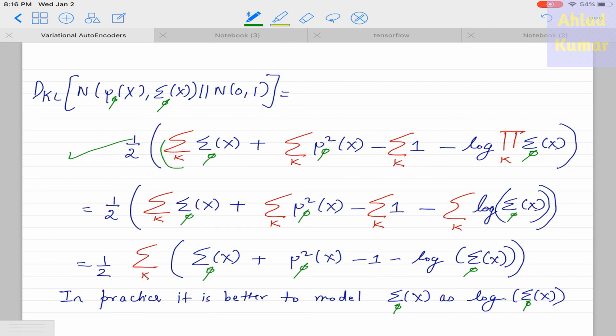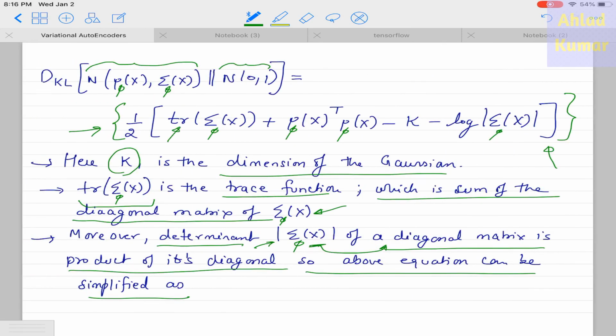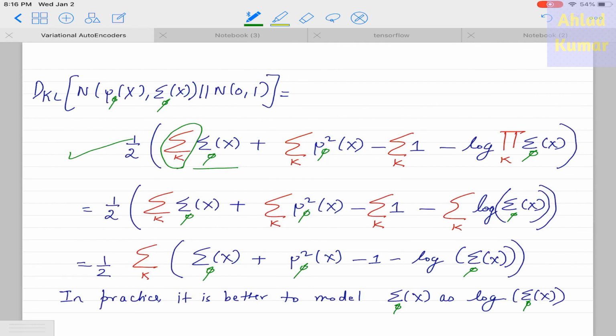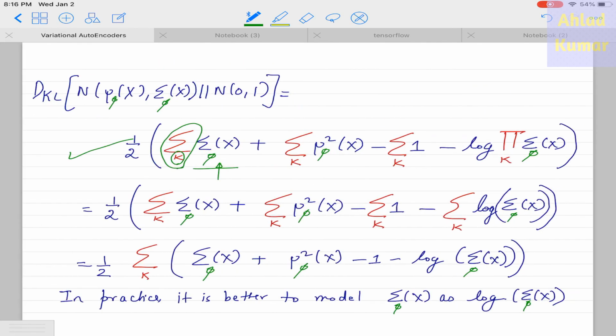Here this is basically the summation over all the k dimensions of this sigma phi of x, and this is obtained because the trace is basically the diagonal element summation. So we are summing up k elements, that's why the sigma k is coming over for these elements. This is a scalar quantity, so we can just square it and sum up to k values.